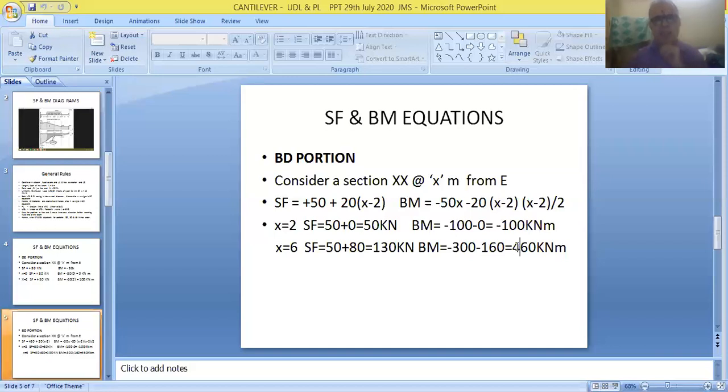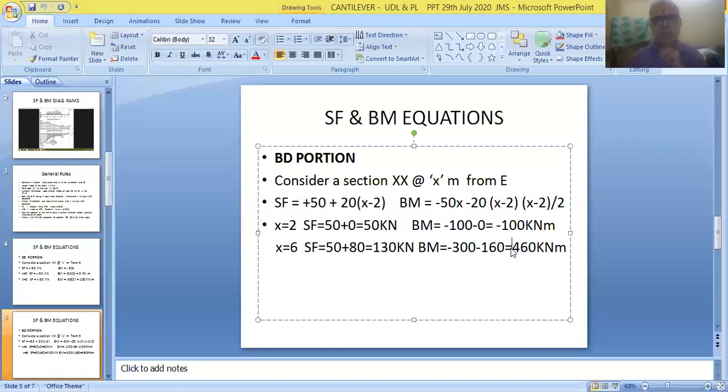460 kilonewton meters. So friends, wrongly it is mentioned as 460. By mistake, this negative sign has been missed in this portion. So ultimately it has to be written as minus 460 kilonewton meters.